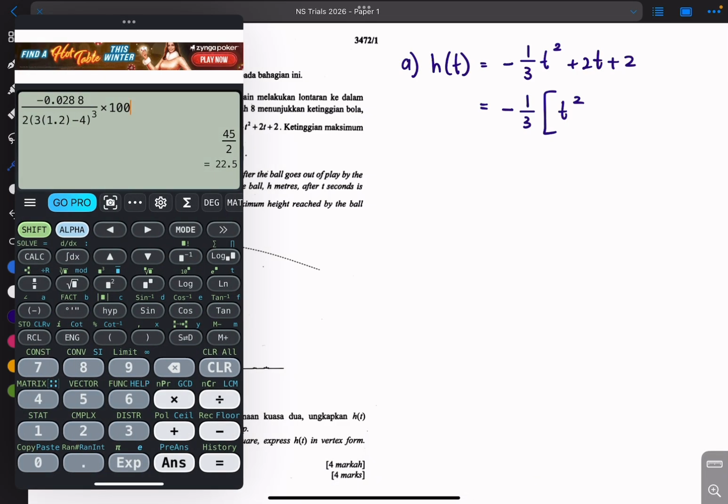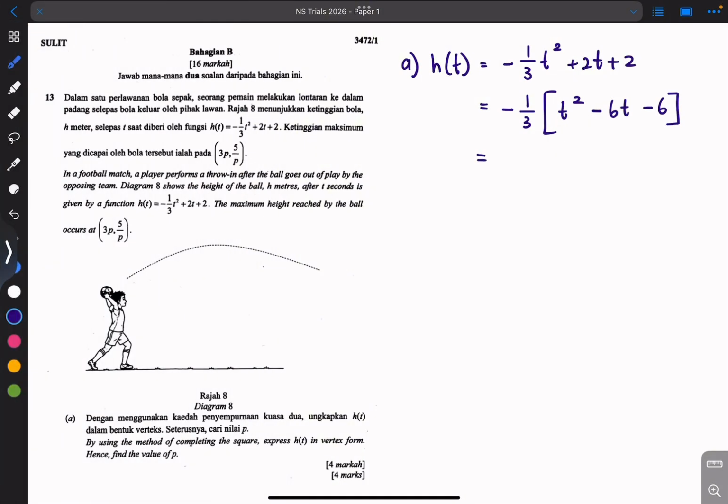The first one divided by negative 1 over 3 gives 1. 2 divided by negative 1 over 3 gives negative 6. Here also it will be the same, negative 6. That's the first step, making sure a is 1.